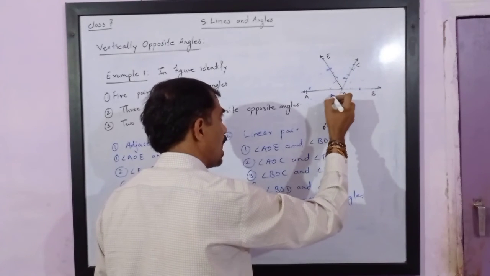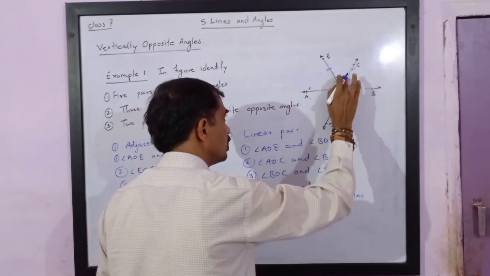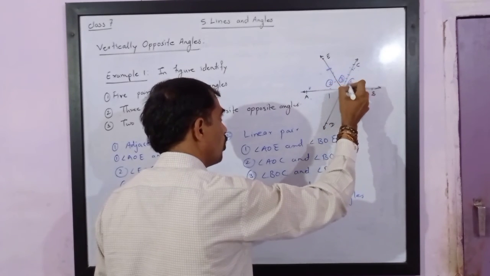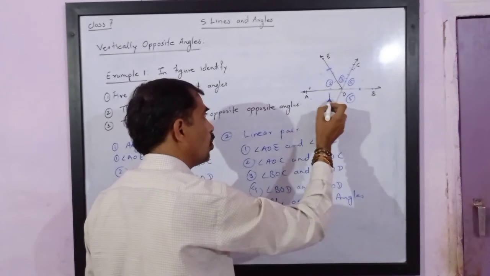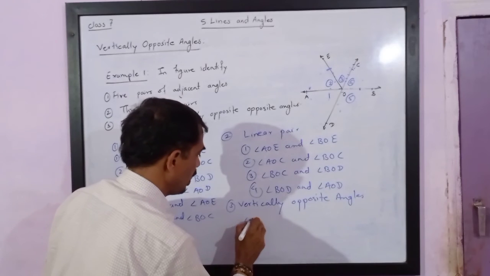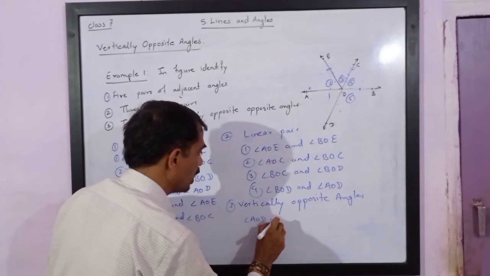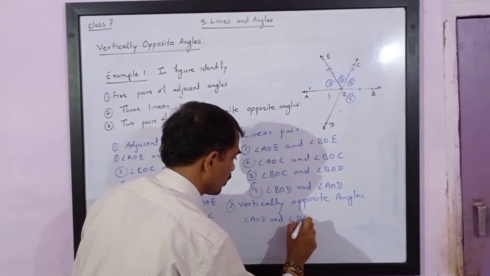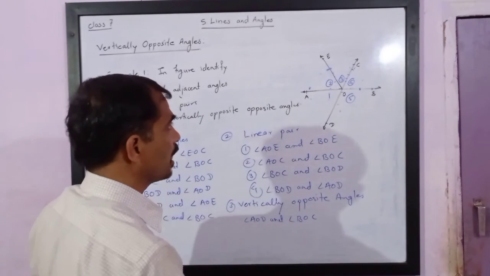So here angle 1, 2, 3, 4, 5. Angle 1 and 4 are vertically opposite angles. That is angle AOD and angle BOC are vertically opposite angles.